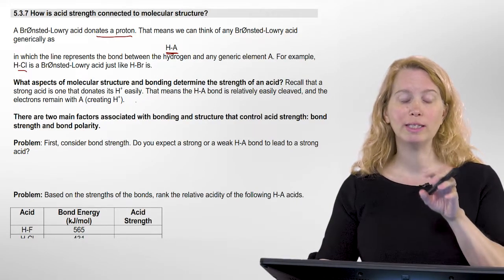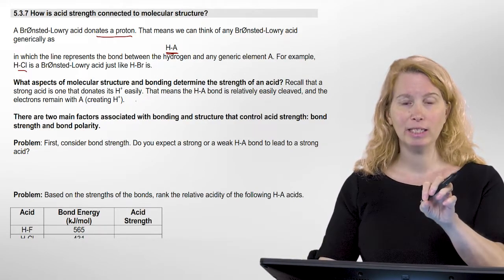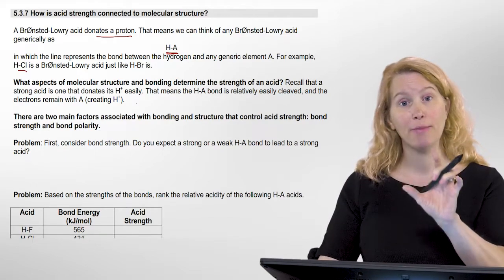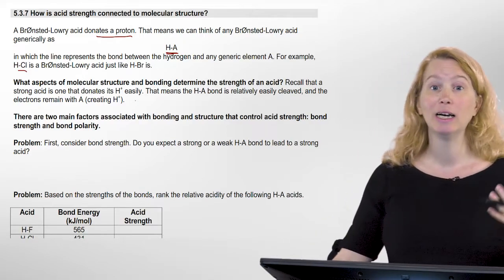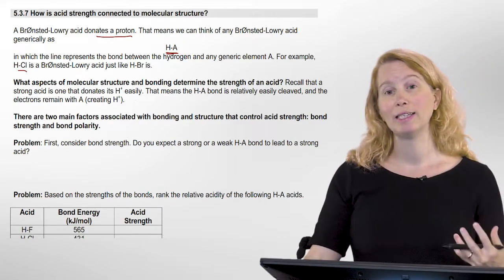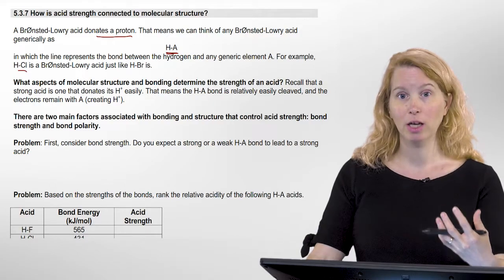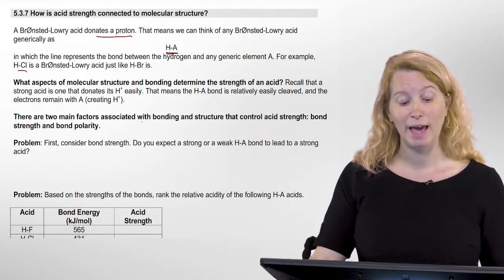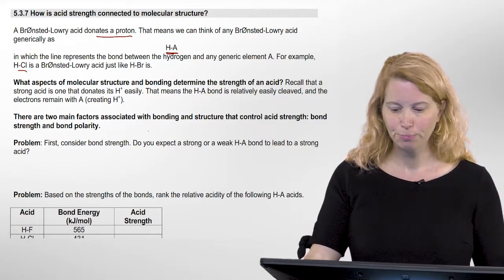And our goal in this lesson is to connect our understanding of the bonding between the hydrogen and the heteroatom to the idea of acidity. What aspects of bonding lead to the likelihood that something will behave like an acid?